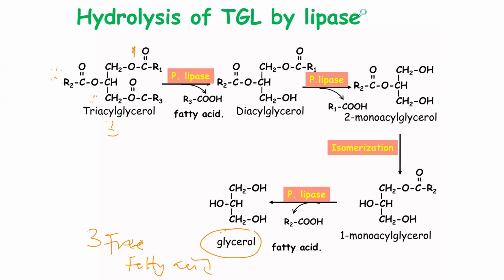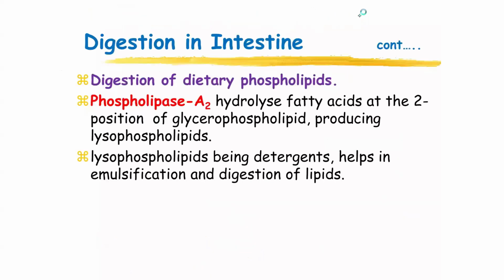So after this digestion by the pancreatic lipase, the next one is of course the digestion in the small intestine. The digestion of dietary phospholipid is usually done by phospholipase A2. Phospholipase A2 hydrolyzes the fatty acid at the 2 position of glycerophospholipid, producing lysophospholipid. And this lysophospholipid, being a detergent, helps in the emulsification and digestion of lipids.